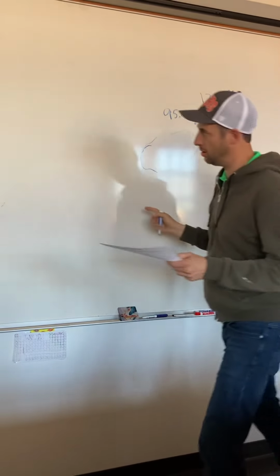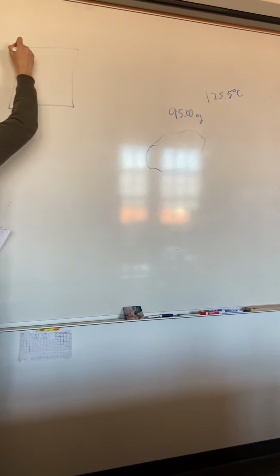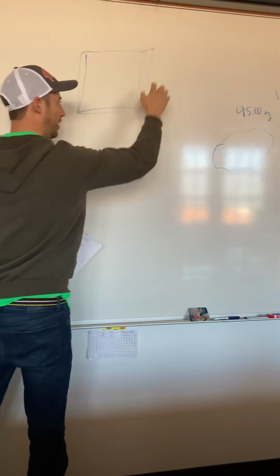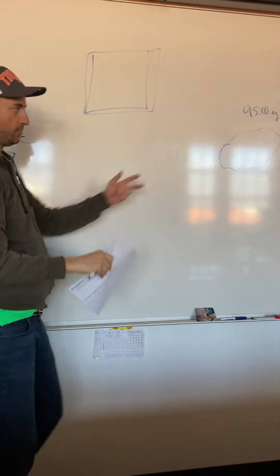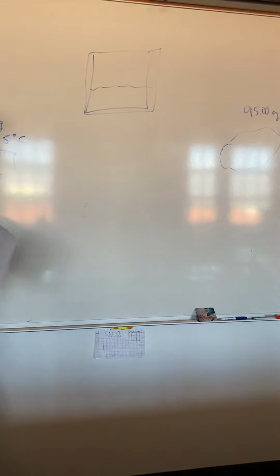What we want to know is, if we mix the two in an insulated container, and the ice melts and the steam condenses, what would the temperature of that water be by the time we're done?